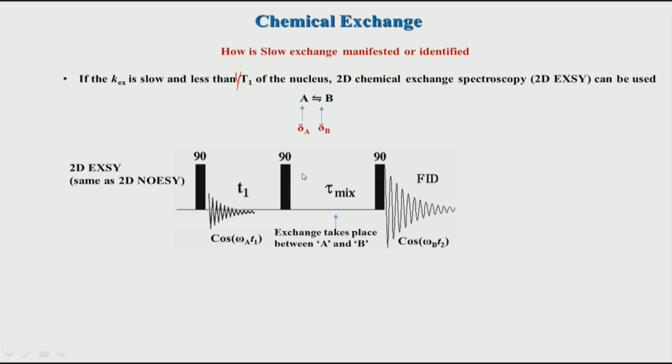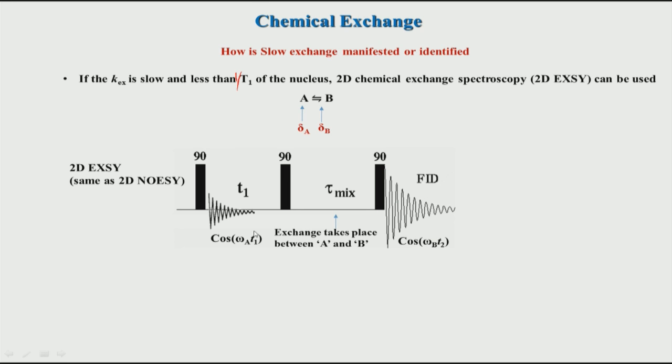So, during the mixing time, if the exchange is slow enough, it can exchange multiple times to B and vice versa. When it goes from A to B and you detect the final magnetization, it is now B, because some population of A has exchanged to B during this time, and that B now evolves during the second dimension with the chemical shift of B.